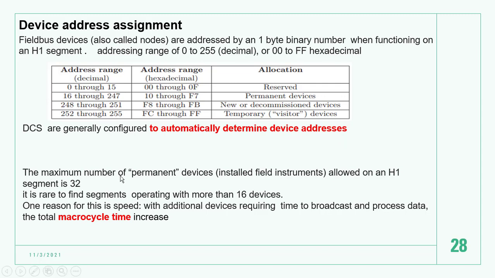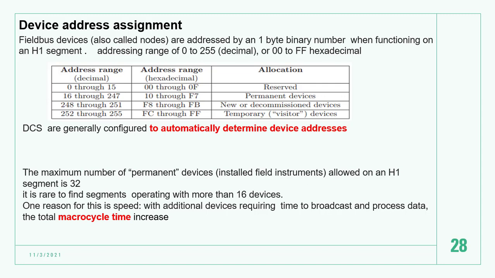The maximum number of permanent field instruments allowed on a segment is 32, but in the field it is rare to design a segment with more than 16, because the macro cycle time is affected. If you have more devices, the macro cycle time is increased.